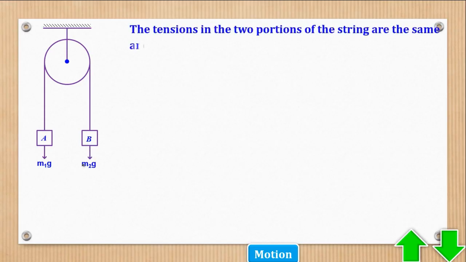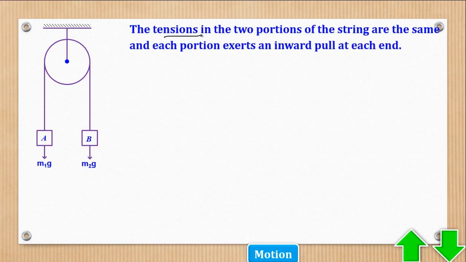Okay, then you shall remember that tensions in the two portions of the string are the same at each portion, and each portion exerts an inward pull on each other. In other words, the arrows must face each other. So here they are facing each other, even this side, they will face each other.